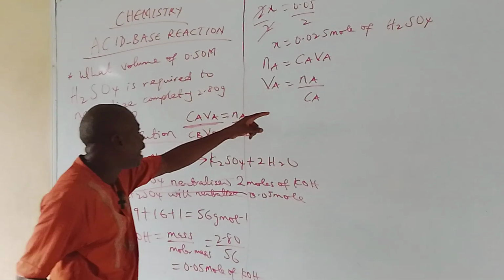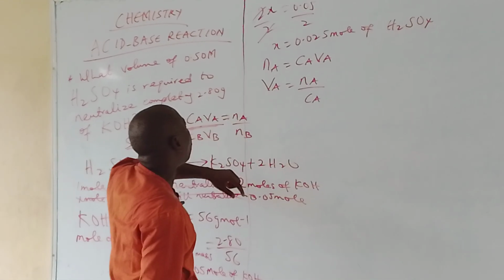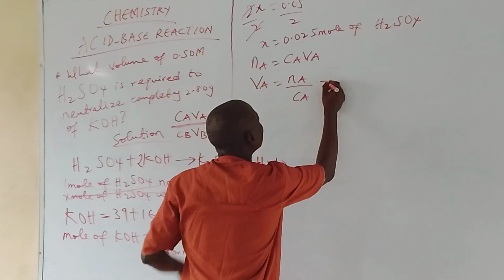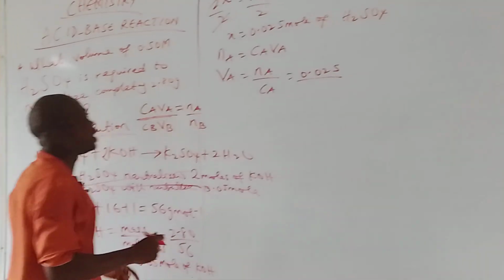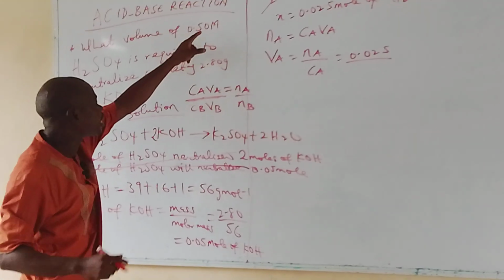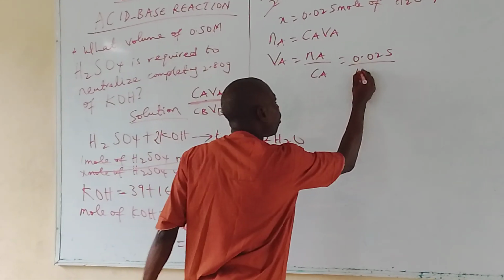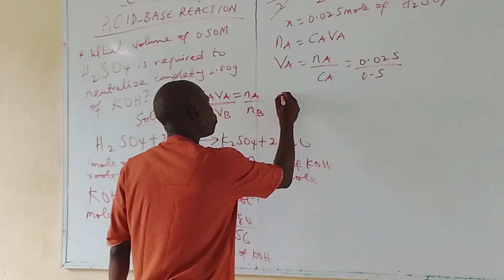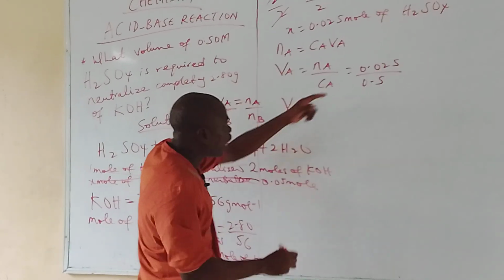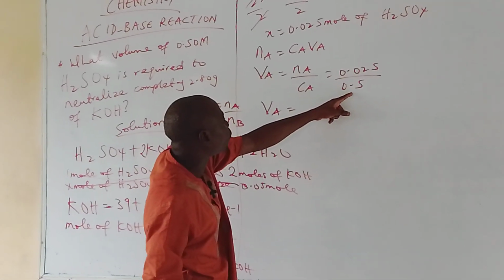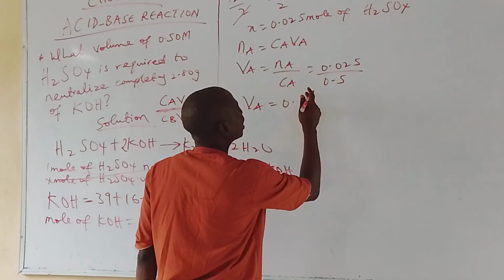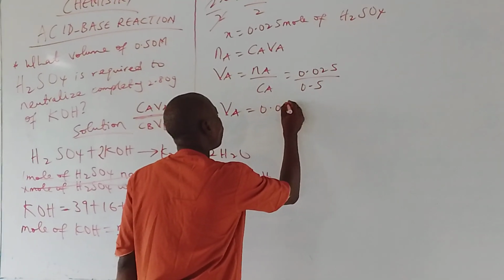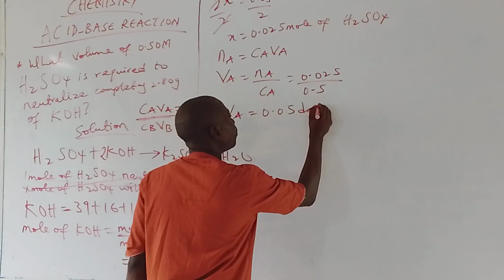So I'm going to plug in the number of moles. My number of moles for acid is 0.025, all over the concentration of the acid in the context, which is 0.5. So the volume of the acid, 0.025 divided by 0.5, is equal to 0.05 dm cubed.